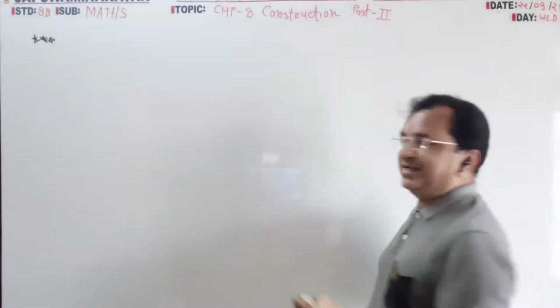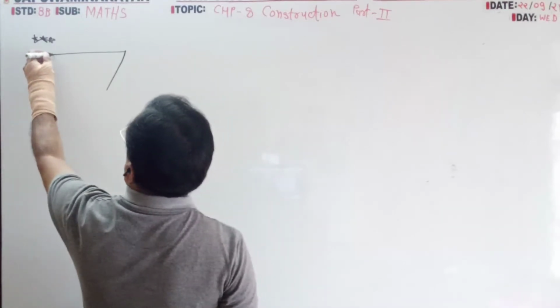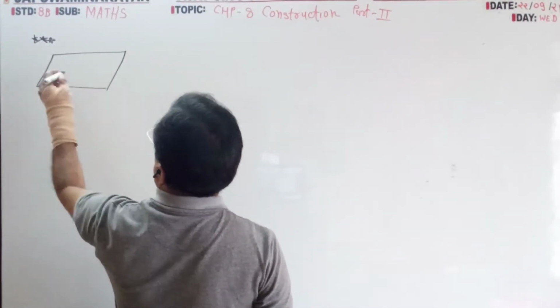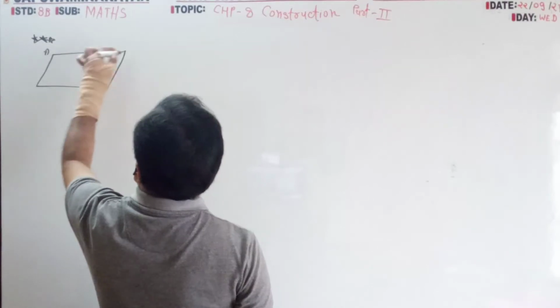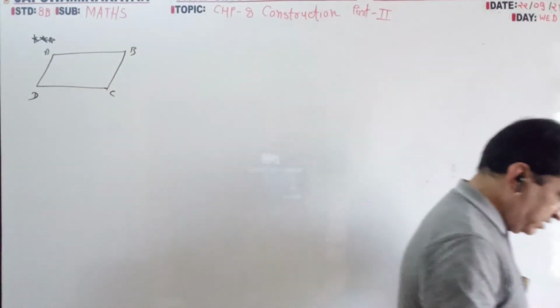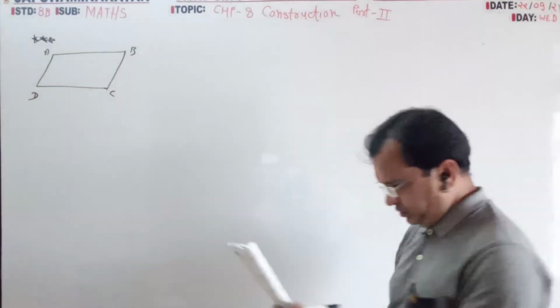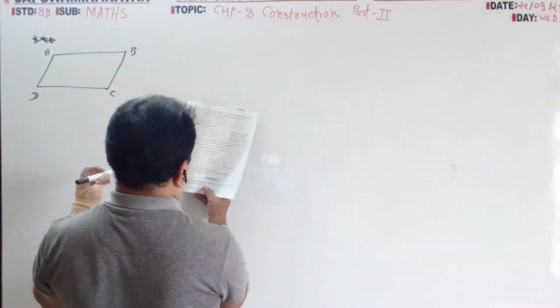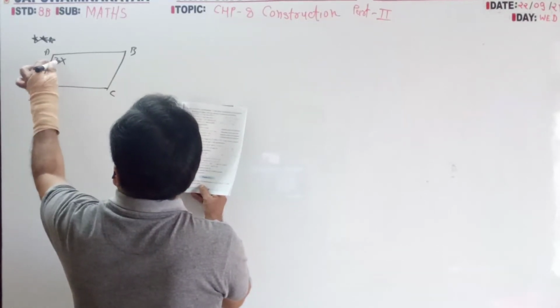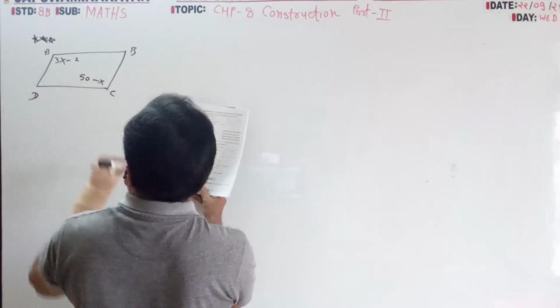Okay. It is given parallelogram A, B, C, D. Opposite angles are given: 3x minus 2, 50 minus x.